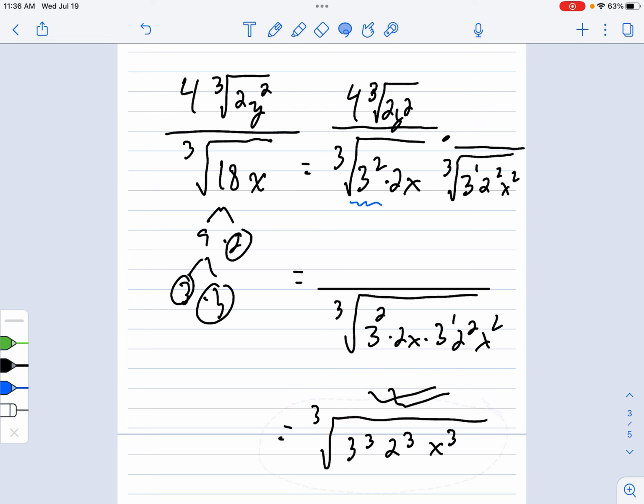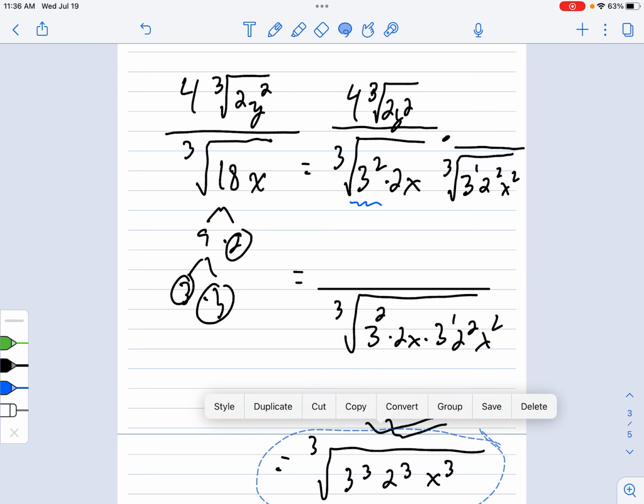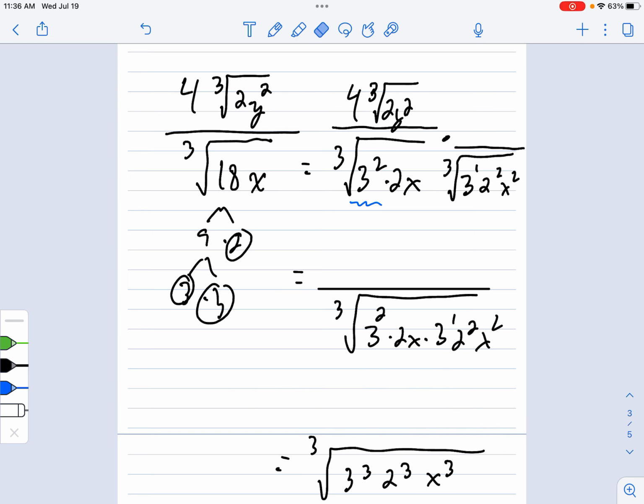Now you don't have to write out all these steps, but I recommend people do that when you're starting off. But I can't just do that to the bottom. I have to do that to the top as well. You get 3 to the first, 2 to the second, and x to the second. And you would get 4 times 2y squared.